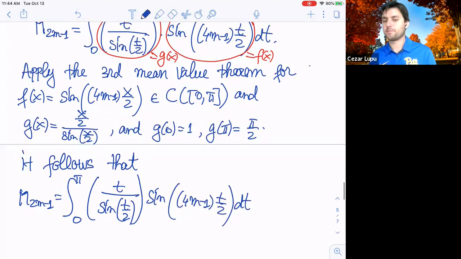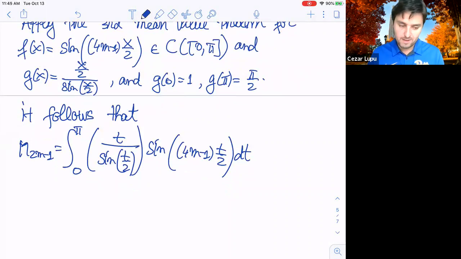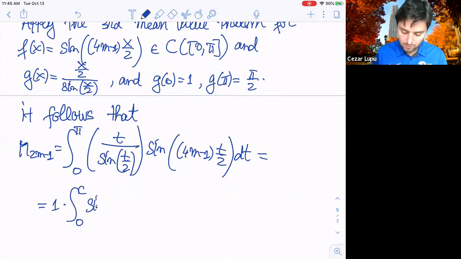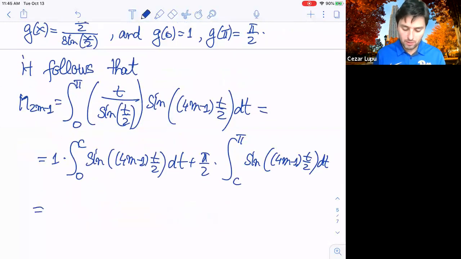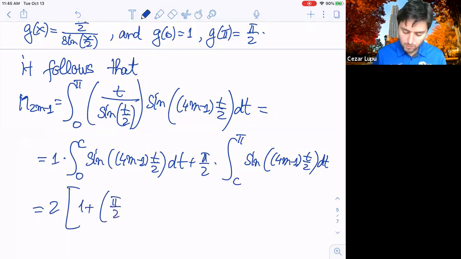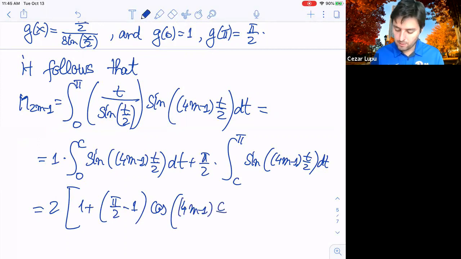So this guy here will be equal to 1 times the integral from 0 to c of sine of 4m minus 1 t over 2 dt plus pi over 2 times the integral from c to pi of sine of 4m minus 1 t over 2 dt, which will give us, after putting everything together, something like pi over 2 minus 1 times cosine of 4m minus 1 c over 2, times 1 over 4m minus 1.